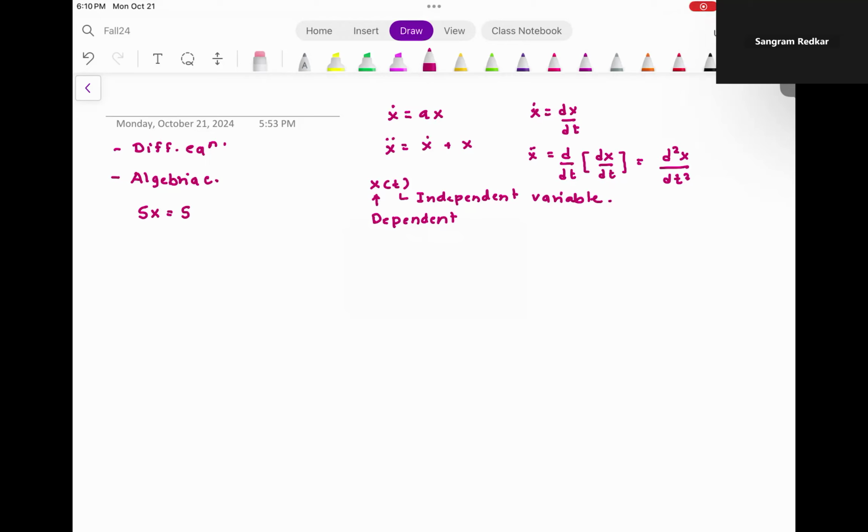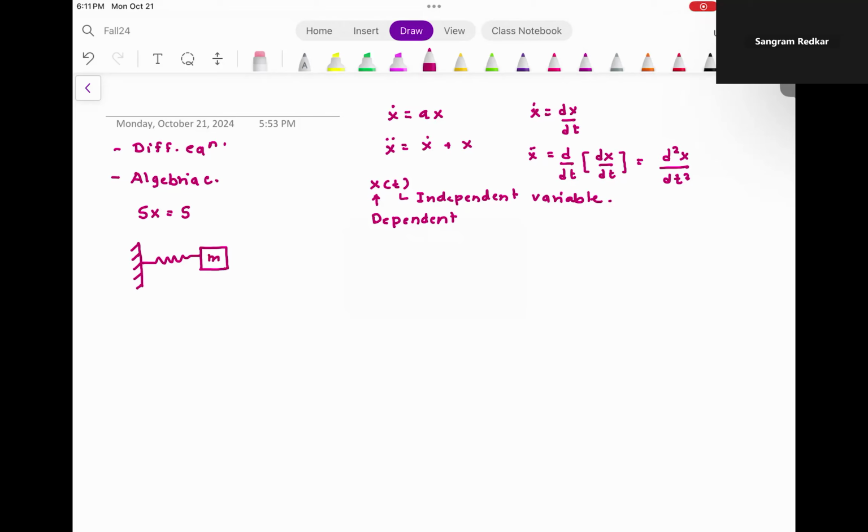Now, what I want to do is start with a very simple case. In the last class, and the stuff that I'm going to discuss is extremely important, because this is the crux of differential equations, we looked at a spring mass system. Do you agree with me?